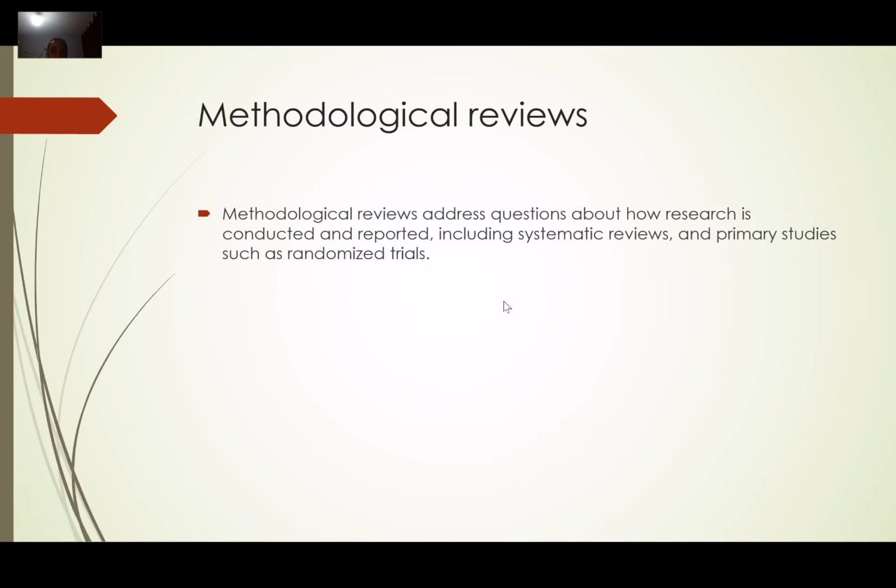The methodological review is another type of systematic review question. Here, from its name, the methodological review addresses a question about how research is conducted and reported, including systematic reviews and primary studies such as randomized trials. So how is this research conducted and reported?